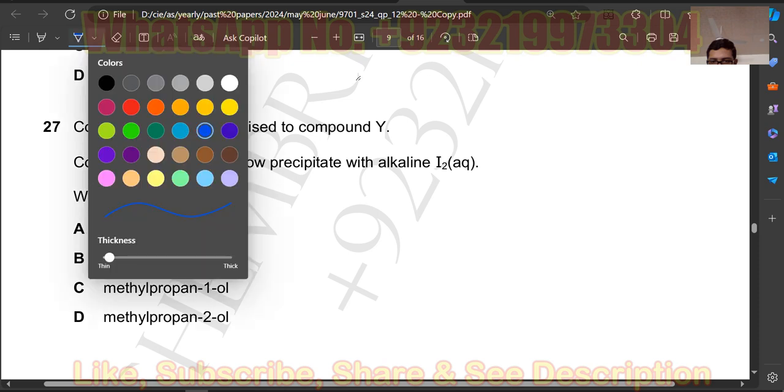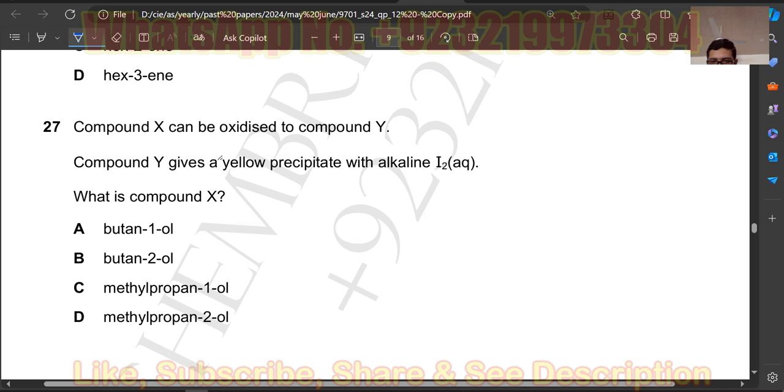I don't know which compound will give you this test, but you should remember that only this part of the compound will give you the positive test of the iodine, the yellow precipitate test with the iodine.